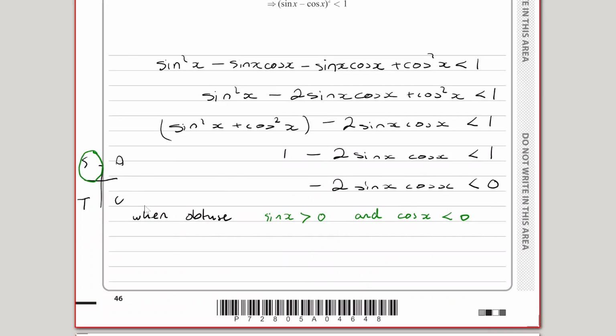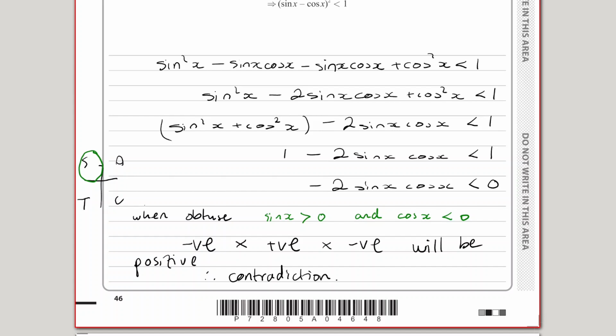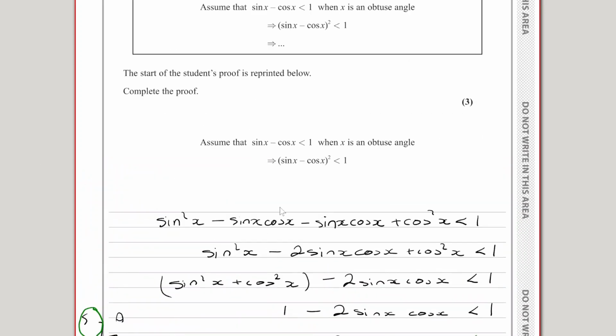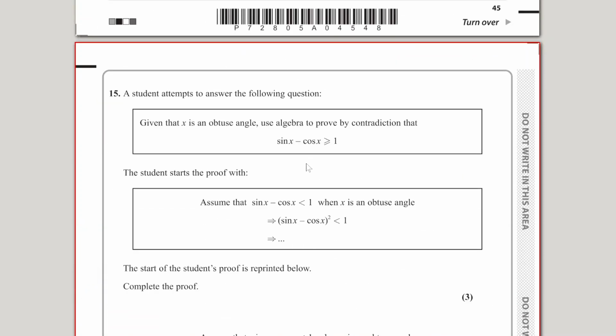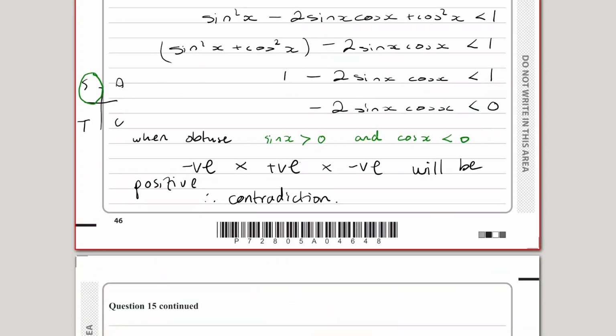So a negative times a positive times a negative will always be positive. So there is a contradiction. It's bigger than 0. Therefore, there's a contradiction. Therefore, we can say sine x minus cos x is greater than or equal to 1.